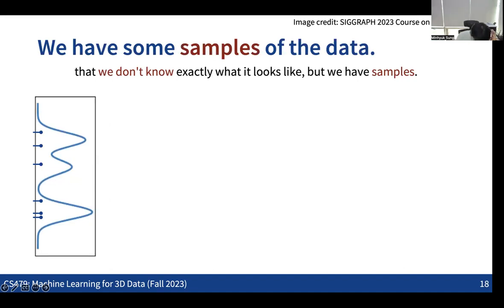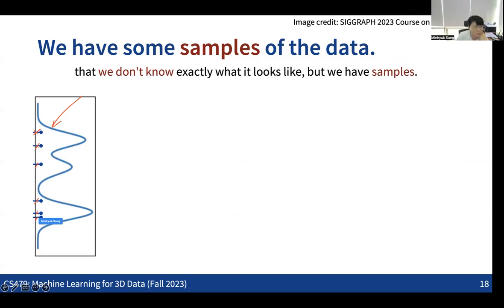Let's say all the data live in a 1D space. The thing is that we do not know the exact data distribution, because we only have a limited number of samples. We do not have the real data distribution in the space, only some samples in the given space.